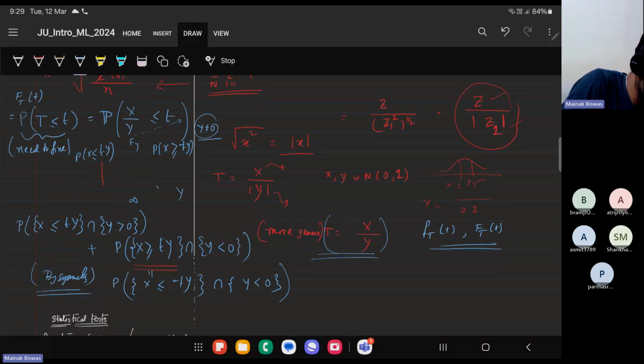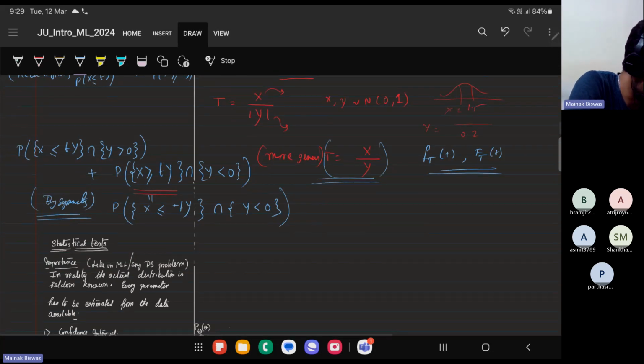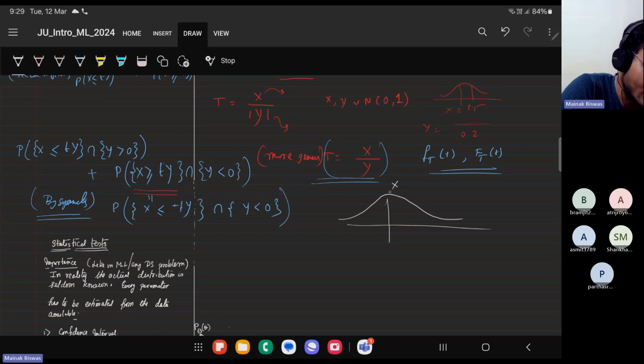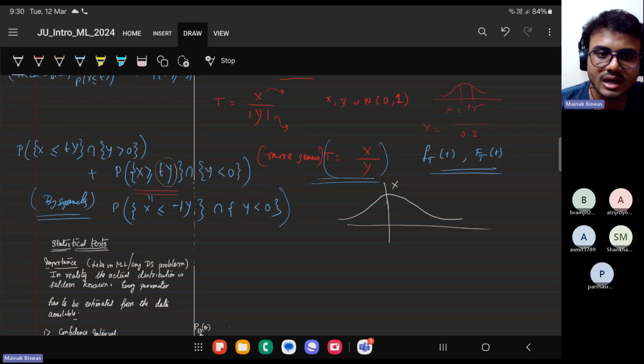I wanted to make it easier for you, but since you want the exact diagram, let me just draw it anyways. Tell me, you have this distribution of x, right? And you're trying to find some ty, right? So fix y to be a particular value which is less than 0, let it be some minus 5, for example. Correct?